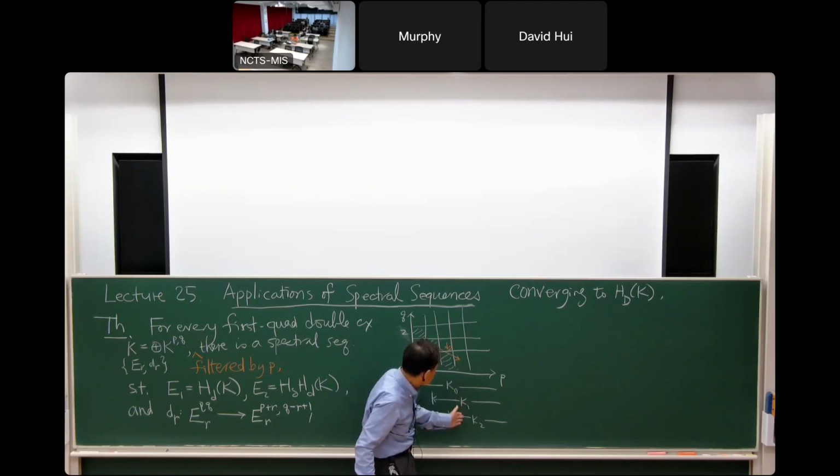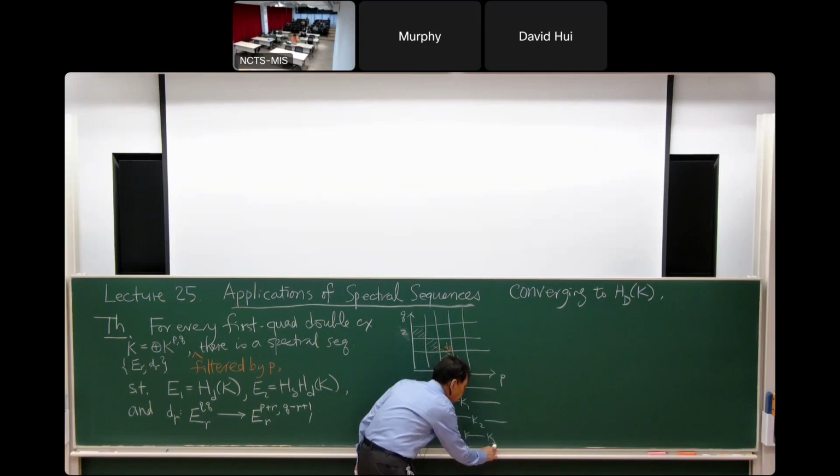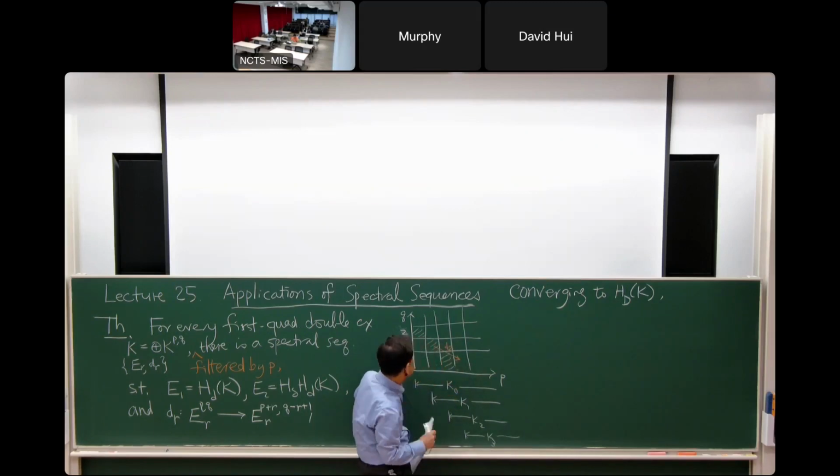It will terminate at K_2, and then K_3 in degree 2 will be 0.